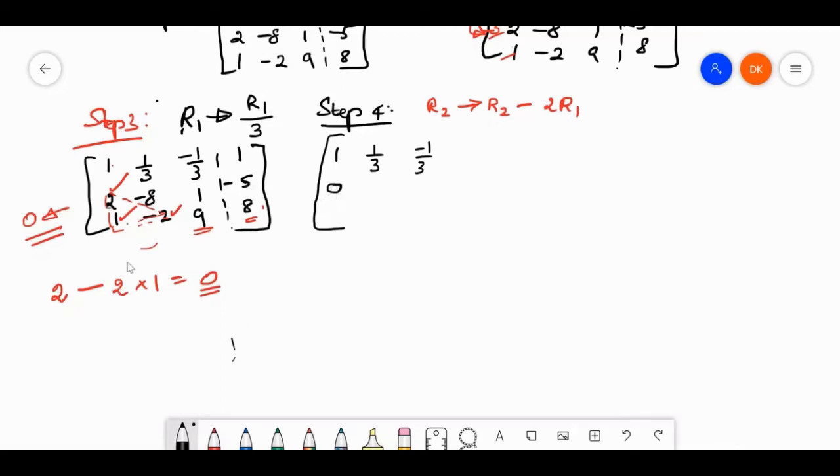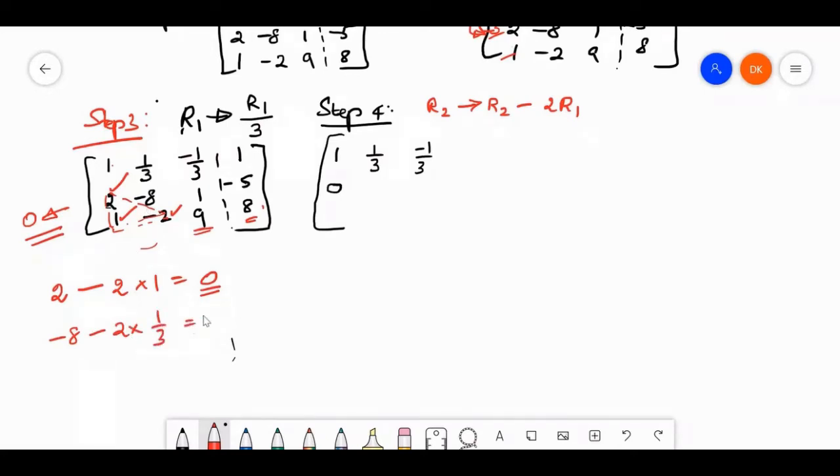The same operation has to be carried out for all the elements in the same row. In this location, the existing value is minus 8, then minus 2 into R1 value, R1 is 1 by 3.